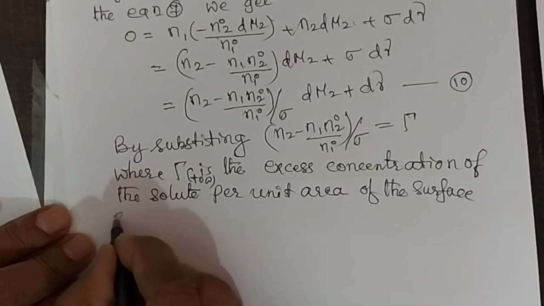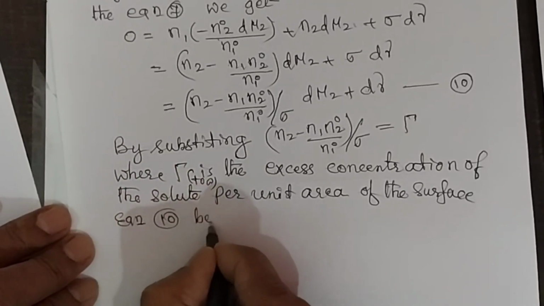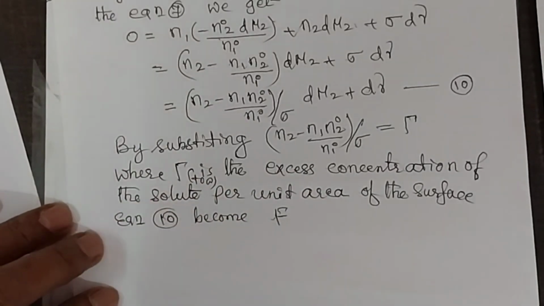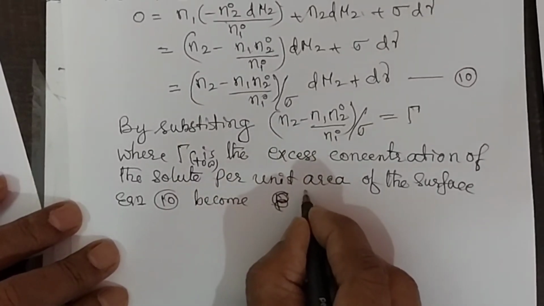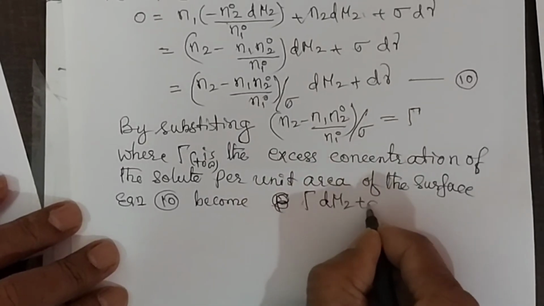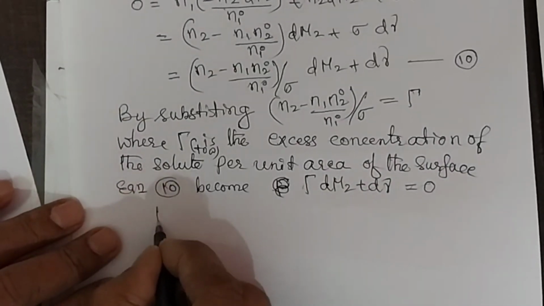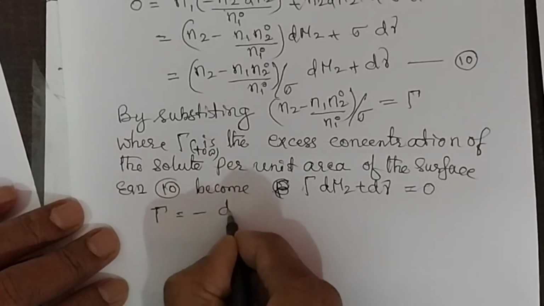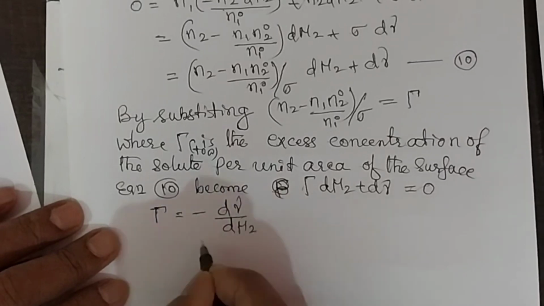Equation 10 becomes tau d mu2 plus d gamma is equal to 0, or tau is equal to minus d gamma divided by d mu2.